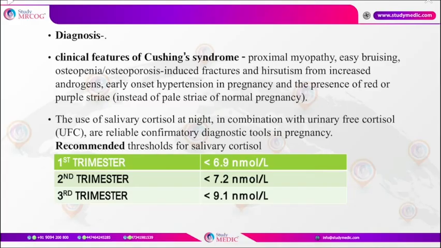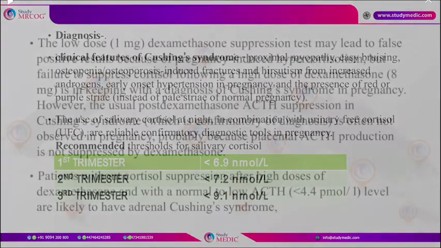The use of salivary cortisol at night in combination with urinary free cortisol are reliable confirmatory diagnostic tools in pregnancy, and trimester-specific salivary cortisol thresholds have been recommended. In the first trimester less than 6.9 nanomole per liter, in the second trimester 7.2 nanomole per liter, and in the third trimester less than 9.1 nanomole per liter will be considered.